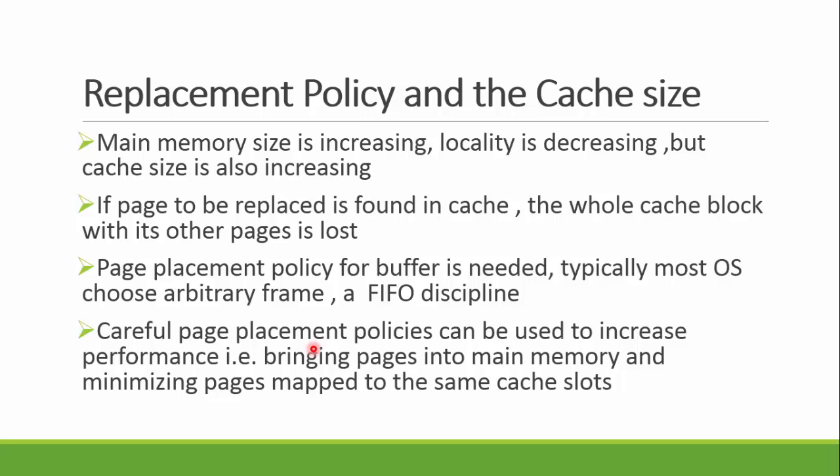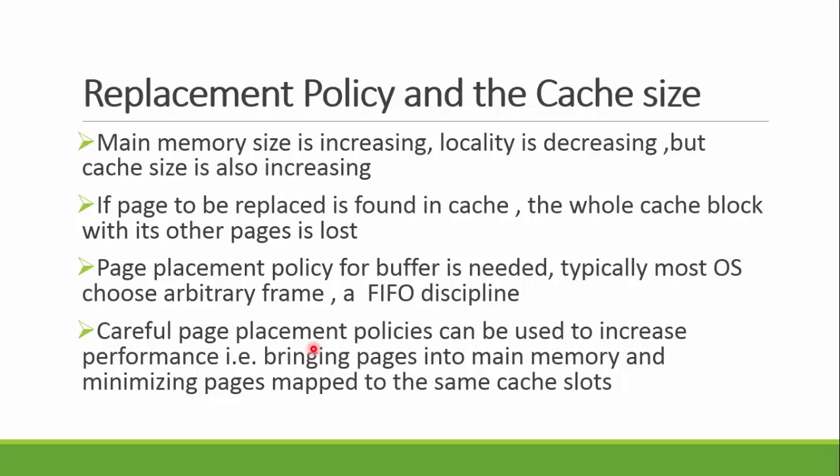So if the page that needs to be replaced is found in the cache, meaning we need a page which is in the cache because maybe it was recently referenced before, and we access that, the whole cache block, which may contain other pages, is lost.